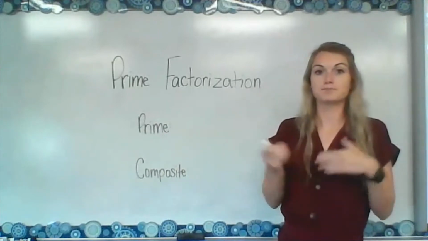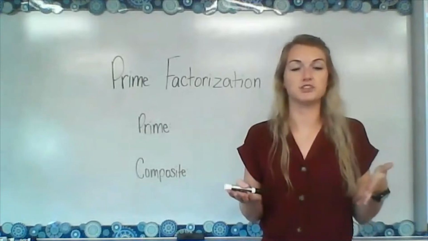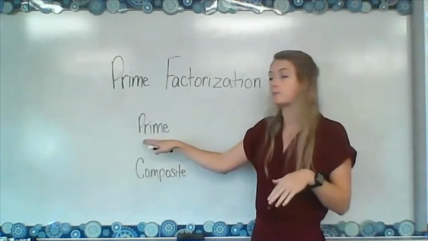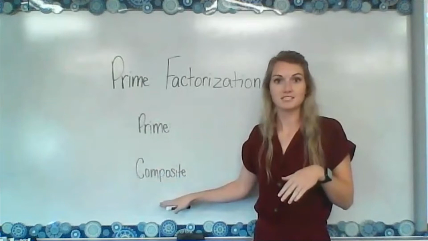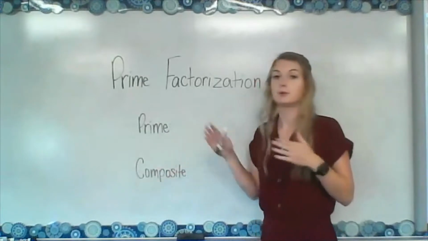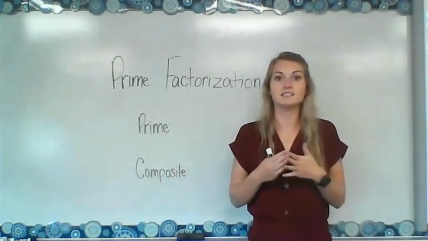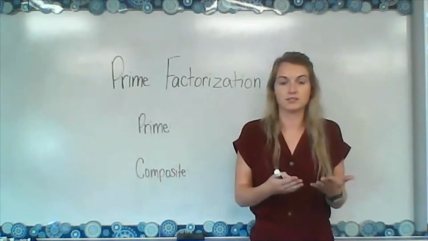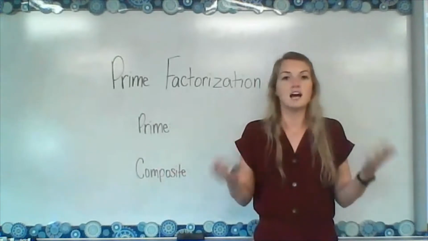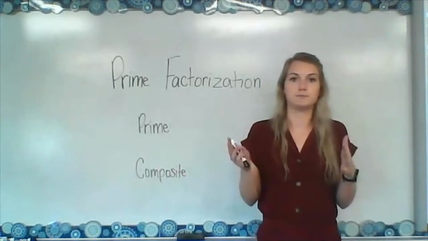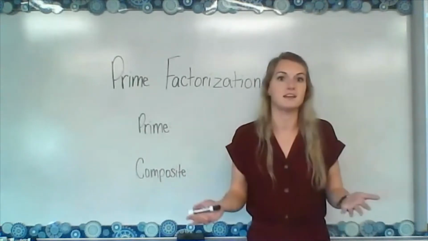Before you can do prime factorization, though, you have to know the difference between a prime number and a composite number. Okay, so a prime number is a number that only has one and itself that can go into it. No other numbers are going to be multiplied to get that number.